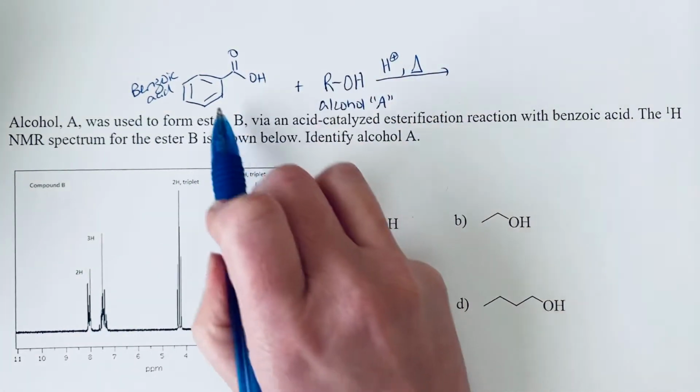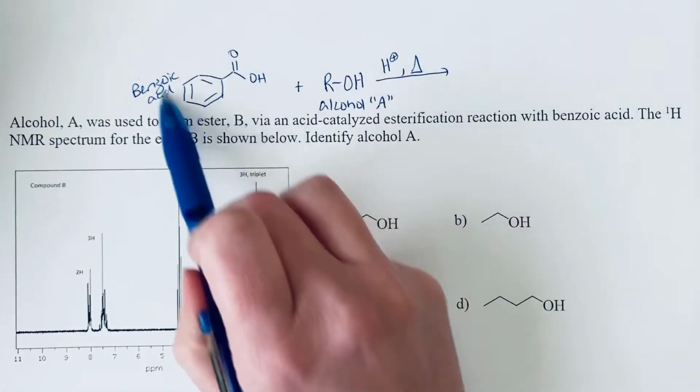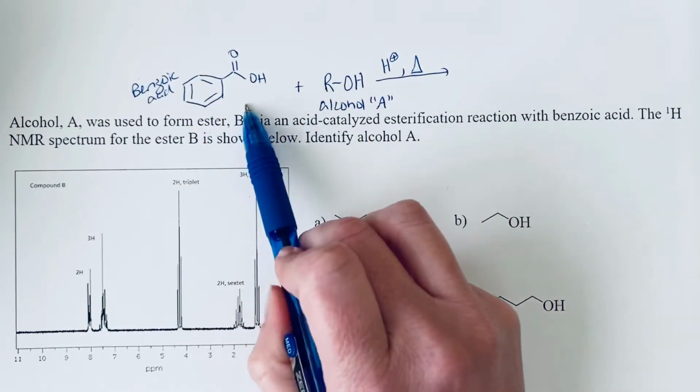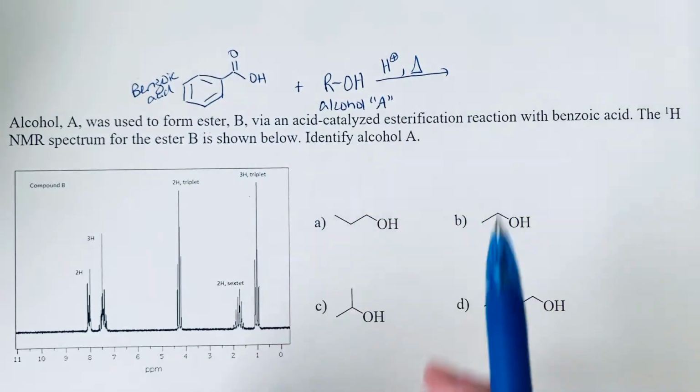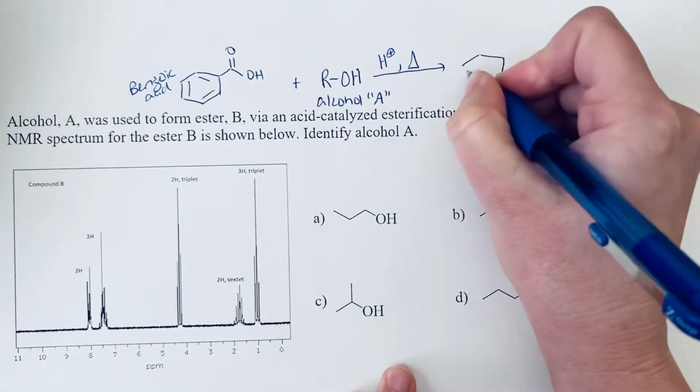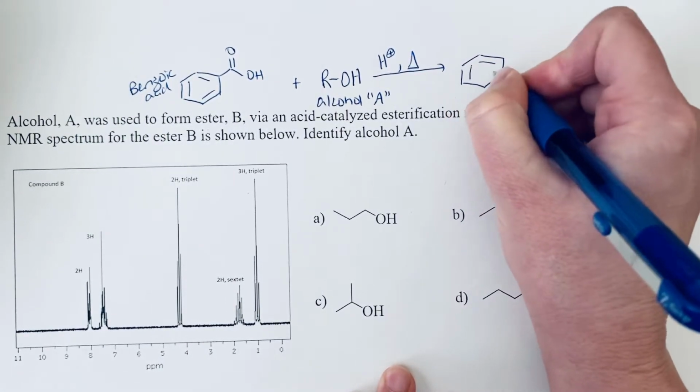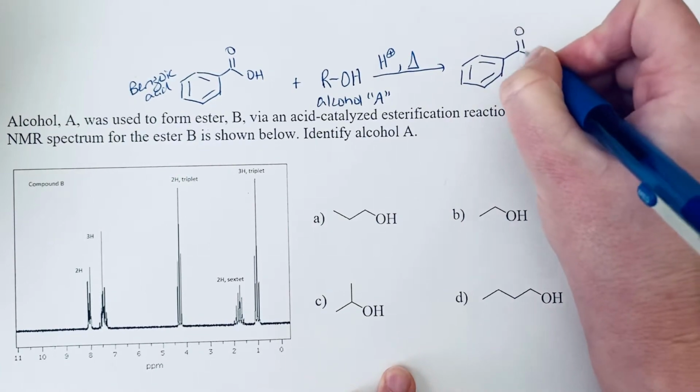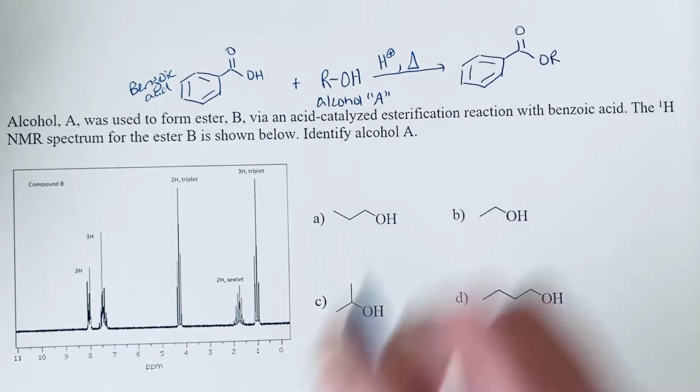So our ester is definitely going to have a lot of characteristics of the benzoic acid. It's going to be some alkyl benzoate. So it's going to have this general structure: OR.